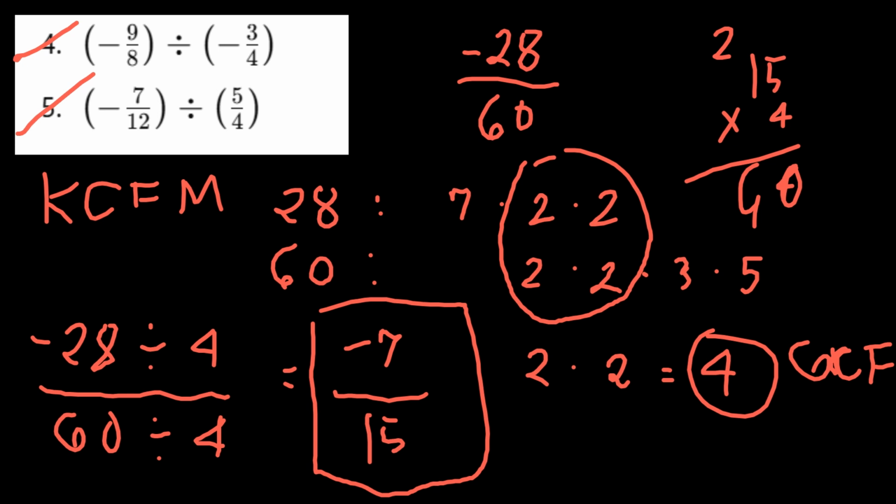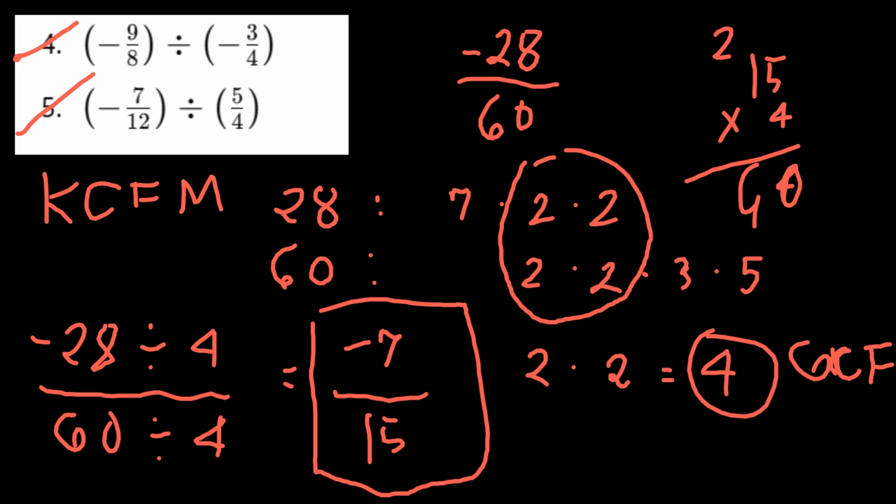Keep the first fraction, change the division into multiplication, and F means find the reciprocal, or flip, of your second fraction, and then multiply the two fractions as usual.